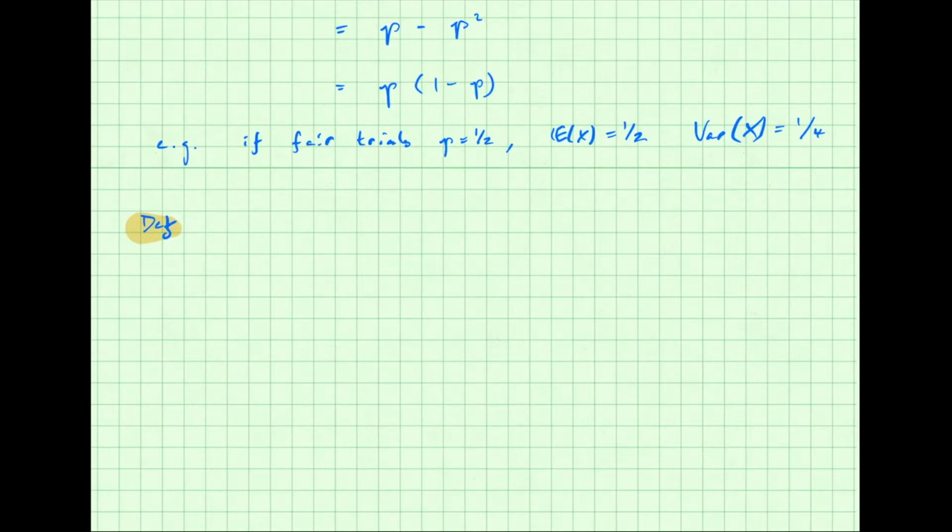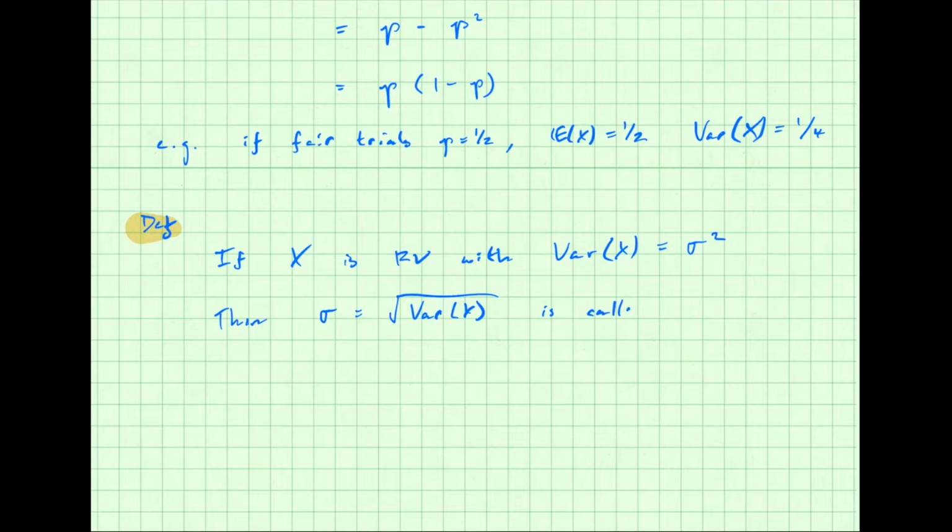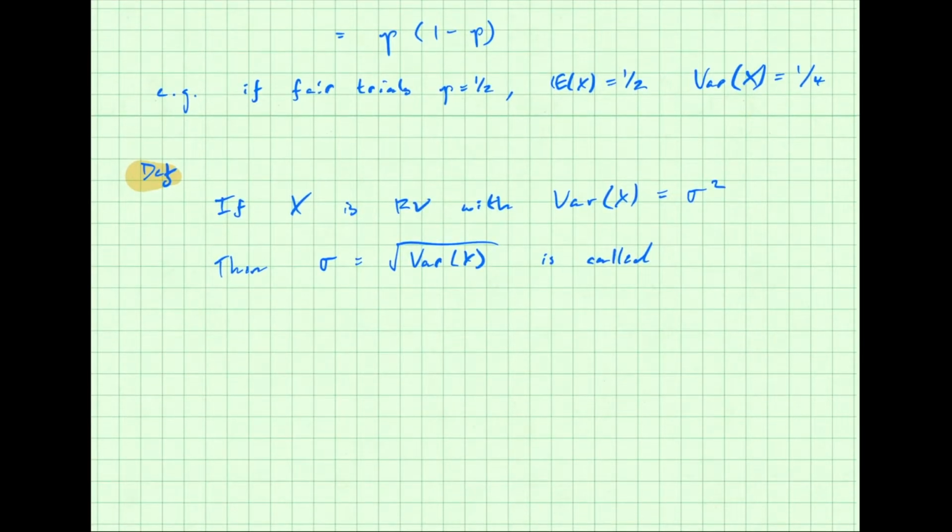If x is a random variable and it has variance var of x, and let's say it's equal to some quantity that you call sigma squared, then the quantity sigma, which is the square root of that, of course, is called the standard deviation of x.